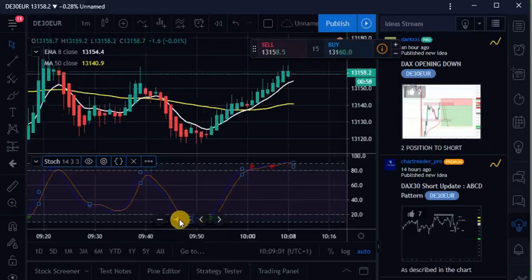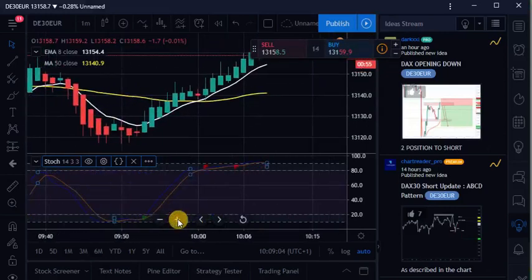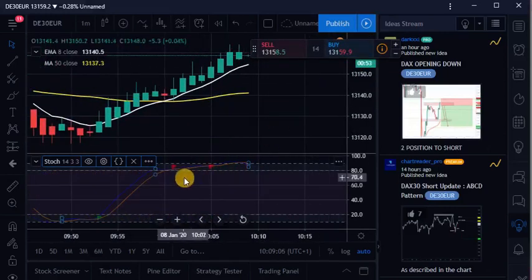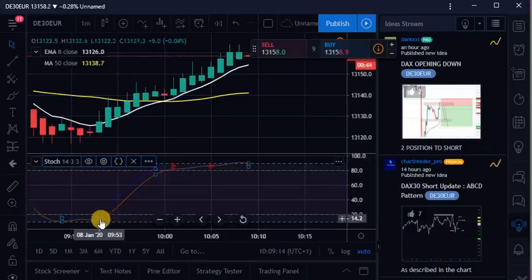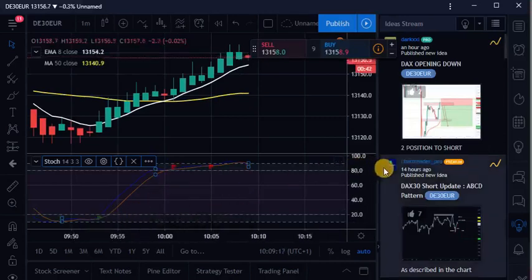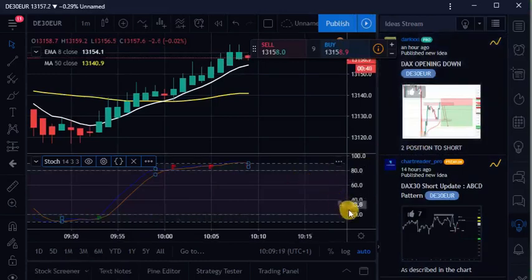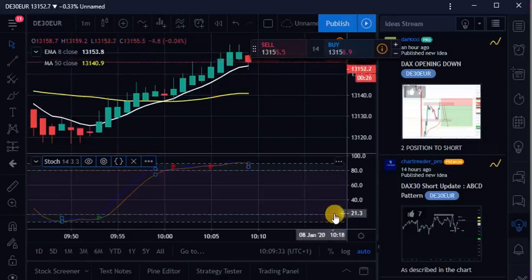I have to make this large enough. As you can see this line here, I'm not the one that put this, it's just the system. It means you can enter at this point. Once your blue line is between the 5 line and the 20 line, enter.